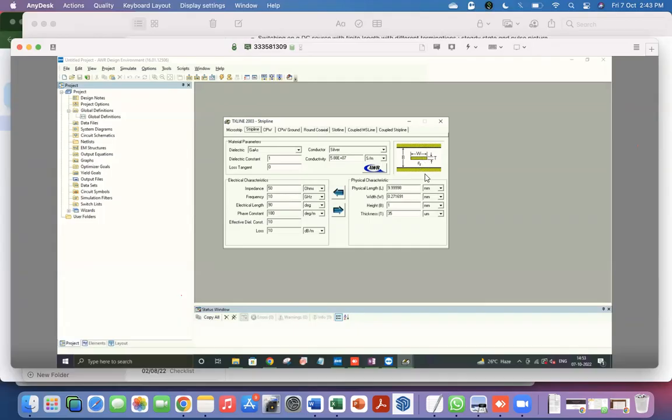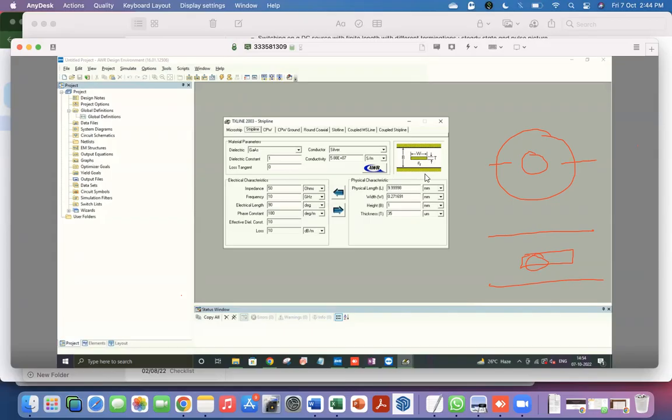I also mentioned that you can think of this as a coaxial line which has been cut open from both sides and stretched out, and turned into something like this, and then you turn this also into a rectangular piece. So it's sort of like a coaxial thing.